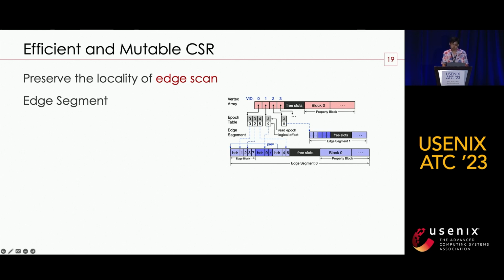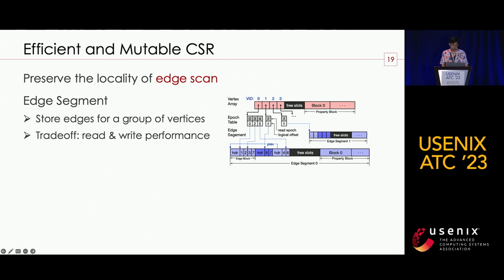To preserve the locality of the edge scan, we designed an efficient and mutable CSR structure. This structure divides the edge arrays into several edge segments. Each edge segment stores edges for a group of vertices. It provides a trade-off between read and write performance.